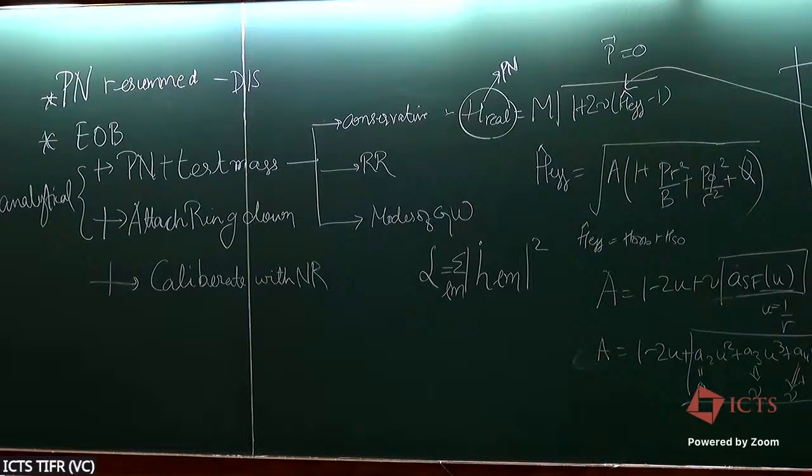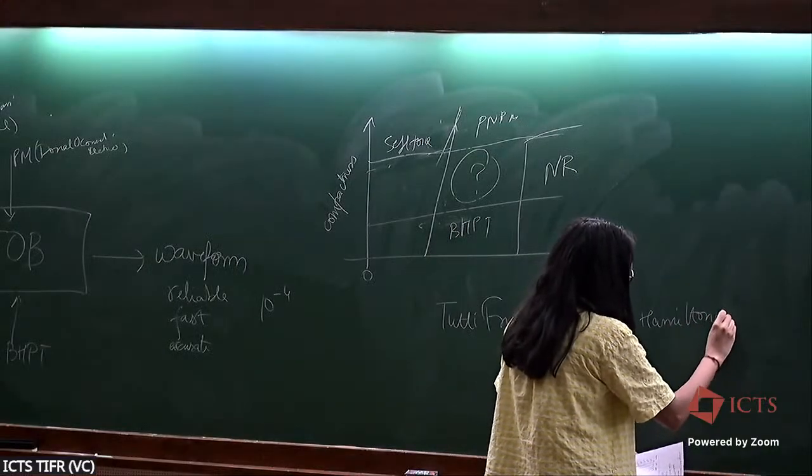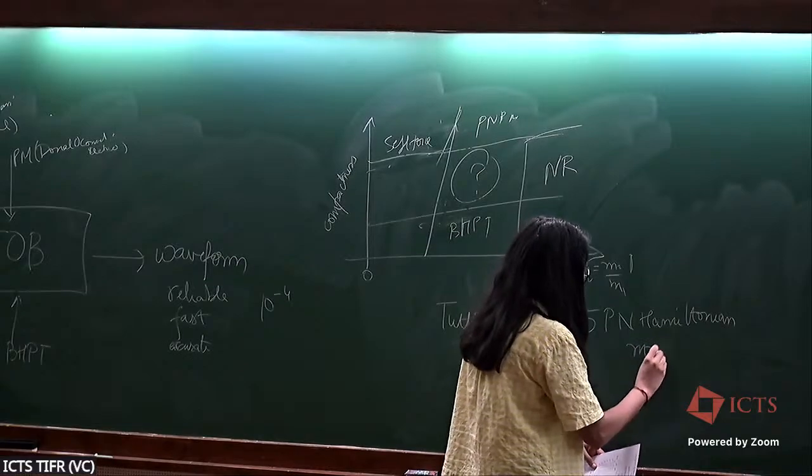Okay. So I was saying that EOB is powerful, and we can use it to even probe the region that cannot be probed by anything else. And just to quickly mention, by using this tutti frutti approach, what we can obtain was the full 5 PN Hamiltonian modulo only 2 factors.